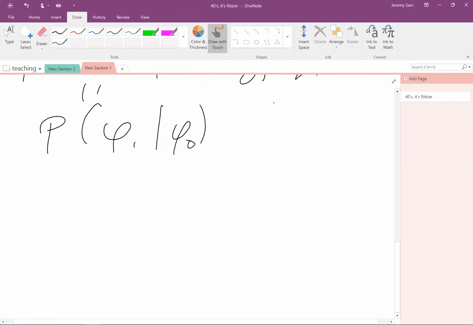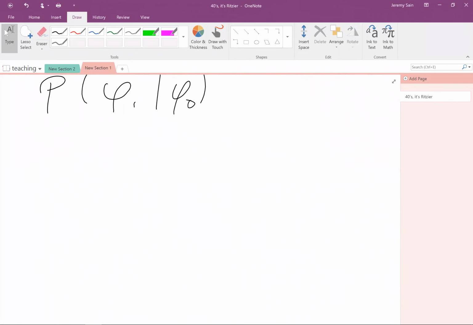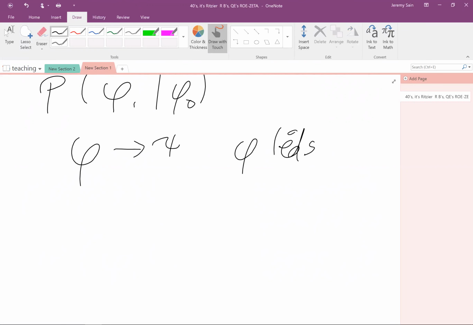So there's a couple of words that go along with Markov chains. It should be "leads to psi" instead of "leads psi."